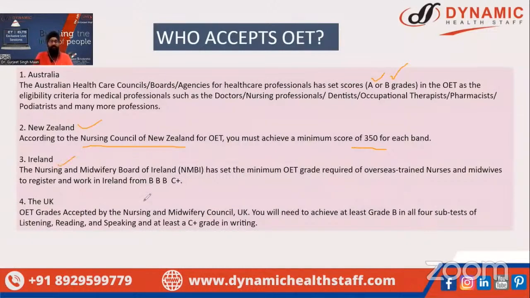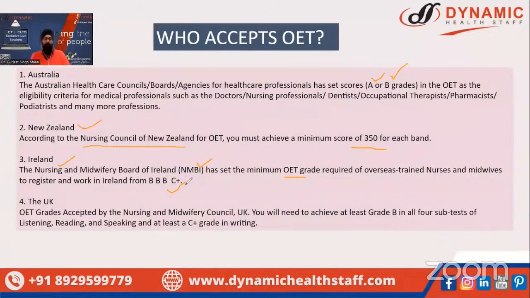Coming to Ireland. Now, in Ireland, the things are a bit easy. I will say a bit easy, not really. The Nursing and Midwifery Board of Ireland, that is NMBI, has set the OET requirement for nurses and midwives to register and work at triple B and C plus. Now, triple B and C plus are not specific.